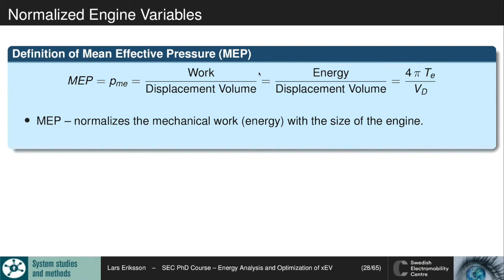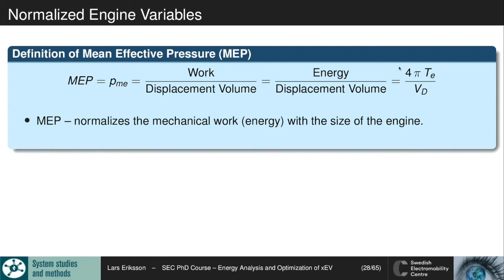This is nice because we know that bigger engines will produce more work, so this is a way of normalizing the engine and getting numbers that are comparable between engines of different sizes. The work, the mechanical work, is the same thing as energy, divided by displacement volume.